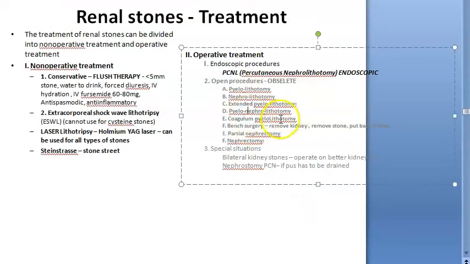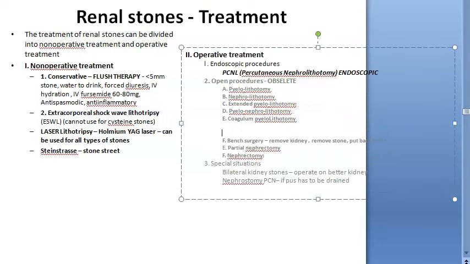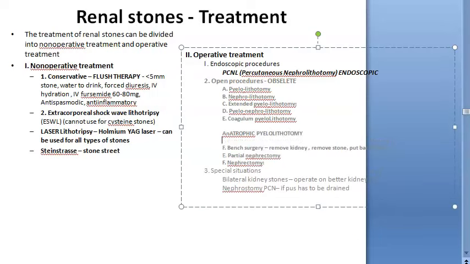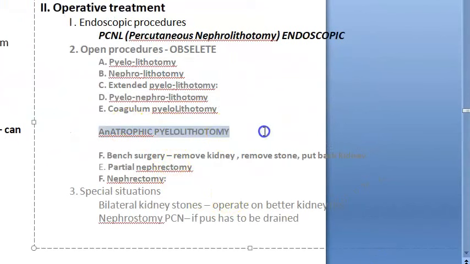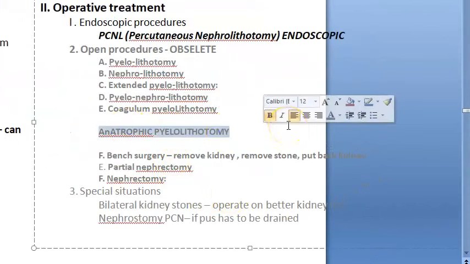Combining textbooks and learning is quite difficult, but anyways, before this bench surgery, just learn one more thing called atrophic pyelo-lithotomy. So this is also lithotomy, but understand this is atrophic pyelo-lithotomy. Basically here what they're saying is you expose the kidney, you cool it with ice packs, then you clamp the renal artery temporarily.